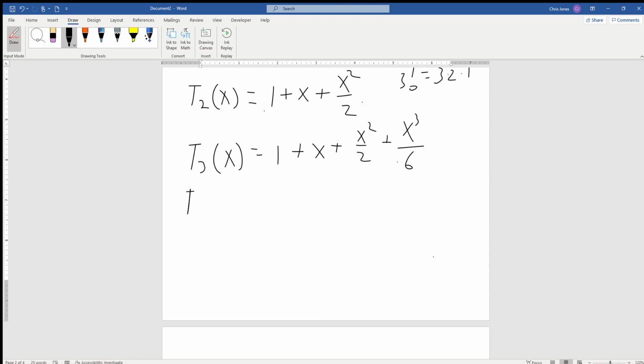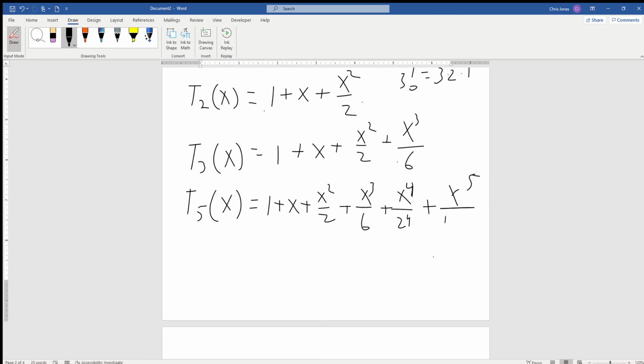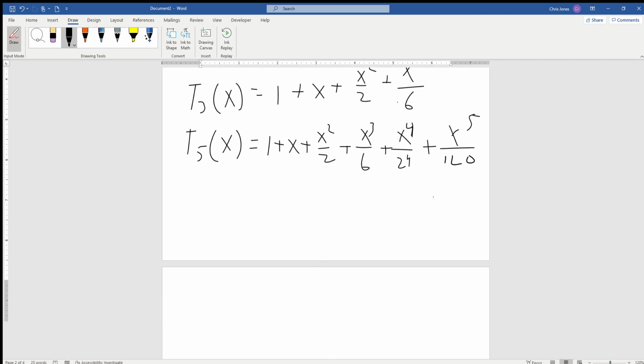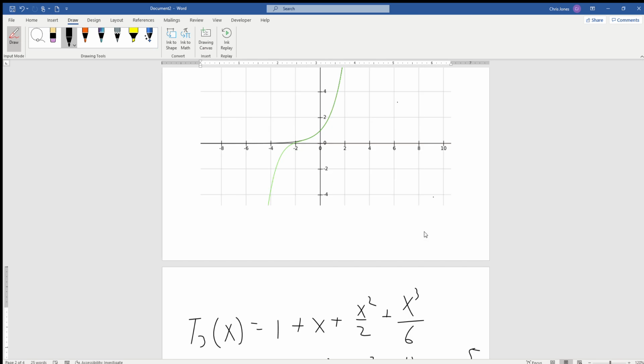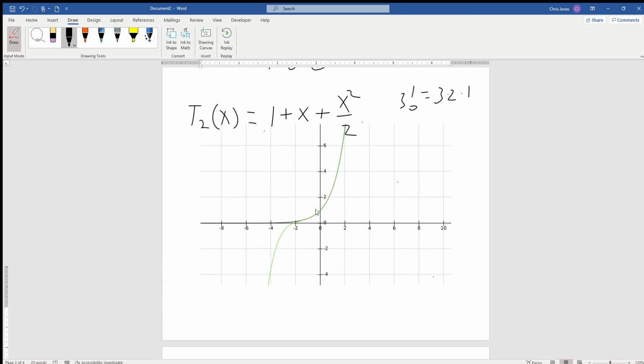T5 of x, a 5th degree polynomial, is going to be equal to 1 plus x plus x squared over 2 plus x cubed over 6 plus x to the 4th over 24, that's 4 factorial, and then x to the 5th over 120, which is 5 factorial. As you can imagine, we're going to get a really good representation. So here's T5, and T5 looks great, at least for the positive representation.